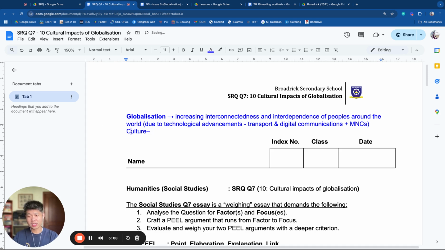So we start with this concept of culture. And what is culture? Let's do a quick recap. Culture is about the customs, beliefs, and practices of a group, right? And this could be an ethnic group, it could be a group in the country.